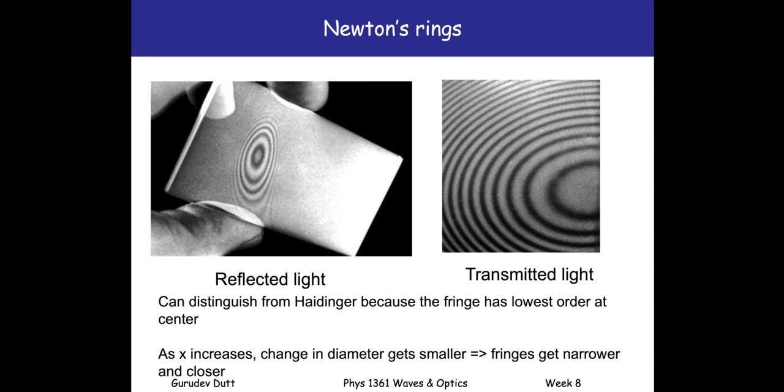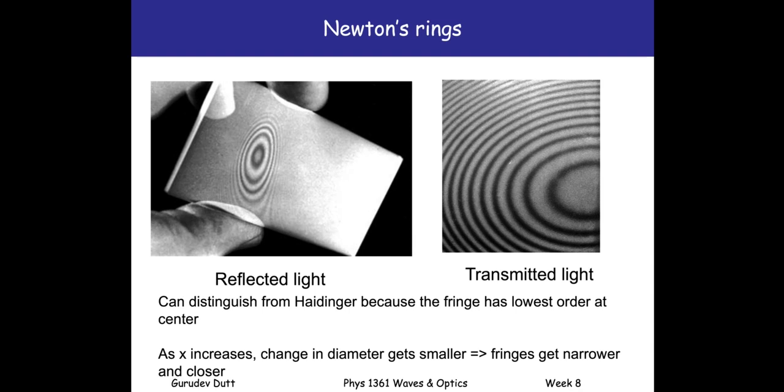We can distinguish the Newton's rings fringes from the Haidinger fringes. Even though they look very similar, you expect to see circular fringes with Newton's rings, and Haidinger fringes also have circular fringes. But we can distinguish them because the fringe has the lowest order at the center. As x increases, the changes in the diameter of the fringes get smaller and smaller.